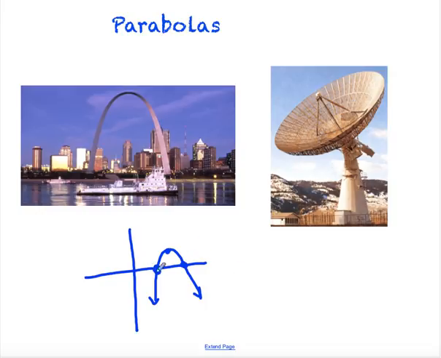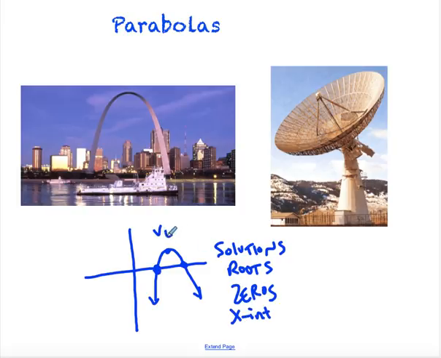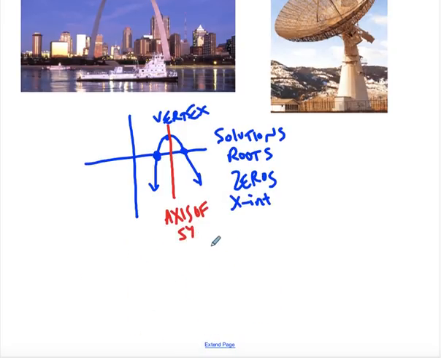The x-intercepts, those would be your solutions or your roots or zeros. And the vertex was another important piece. And you also did learn about axis of symmetry, which goes through the vertex. So that is what you have focused on in the past.